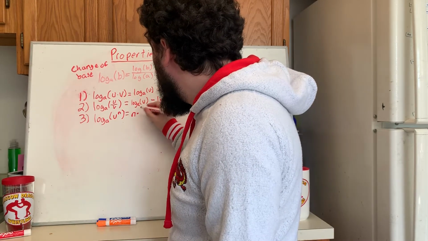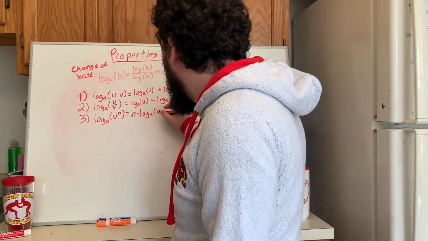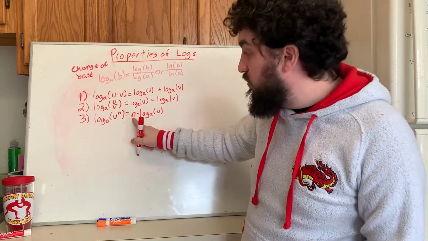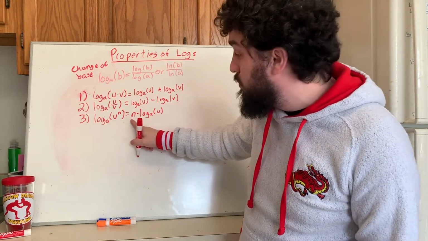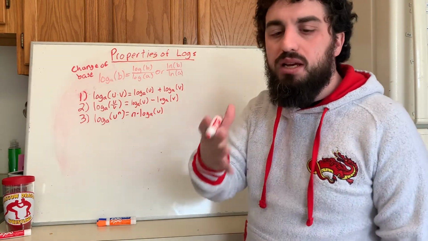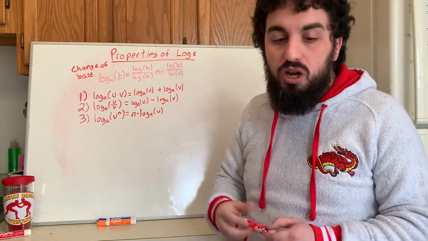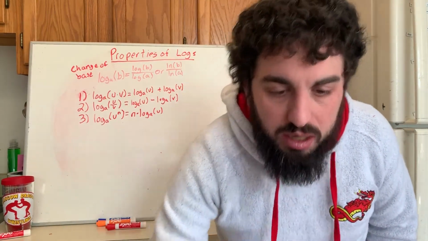That'd be n times the log base a of u. So if I have this out in front, I can also say, oh, that's a coefficient in front of my log, let's move it to the exponent inside. So these are three basic properties that we are going to utilize time and time again.